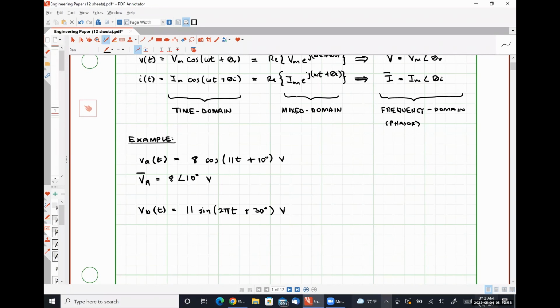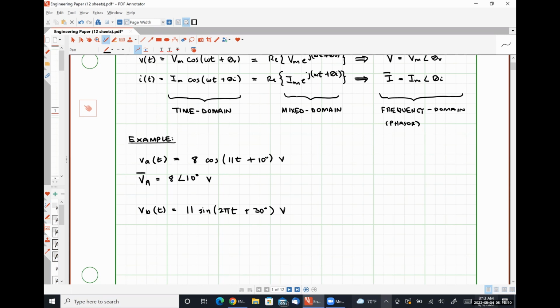Our phasor or frequency domain representations are always based off of cosine functions because they represent the real part of that complex or mixed domain representation.